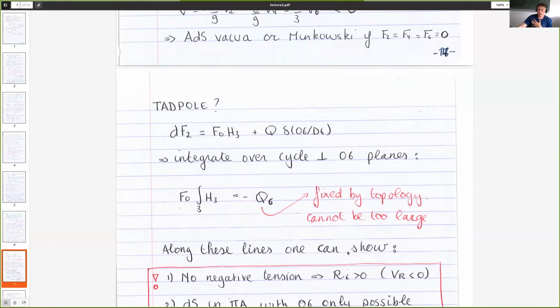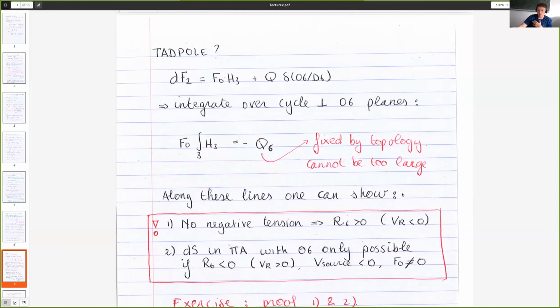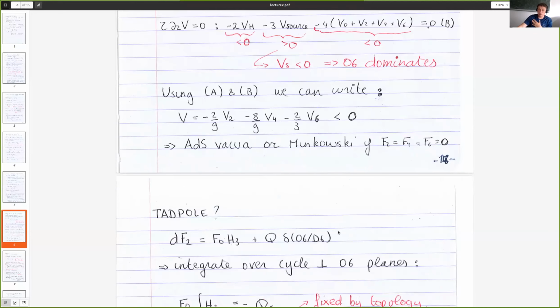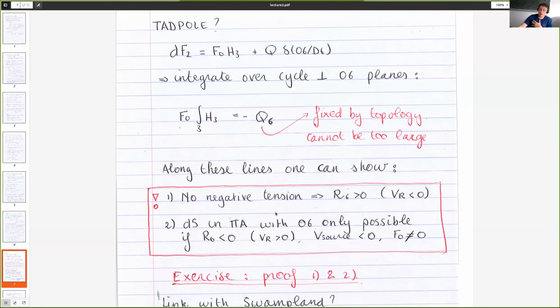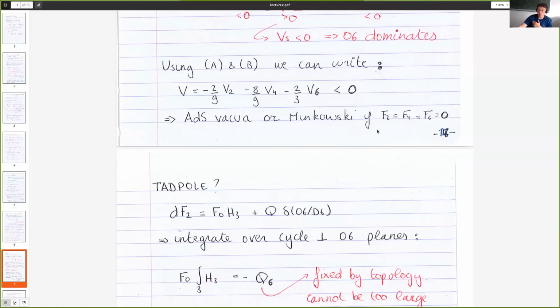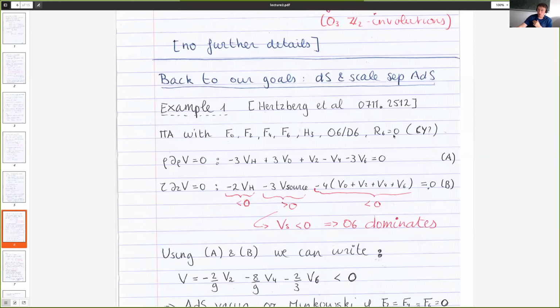Using the two previous equations, I can show that if there had been no negative tension, I could still have solved these equations, but then I would have had to drop this condition. Using these kinds of manipulations, I can still remove this, but I would need a positive curvature geometry.